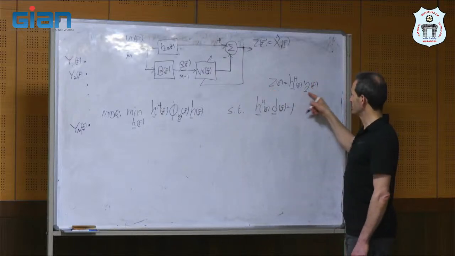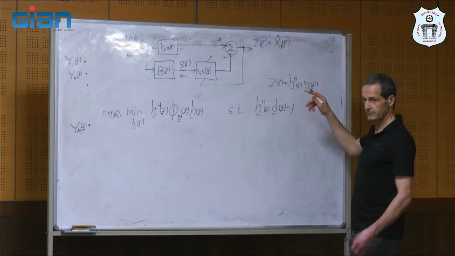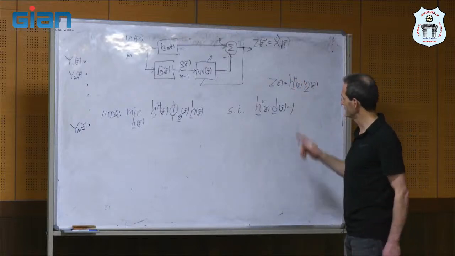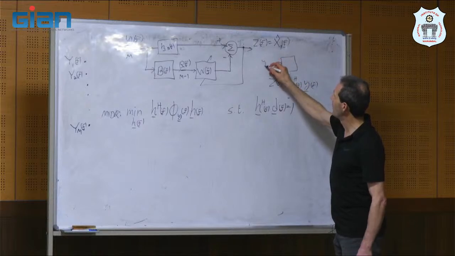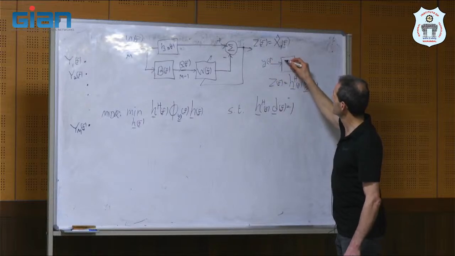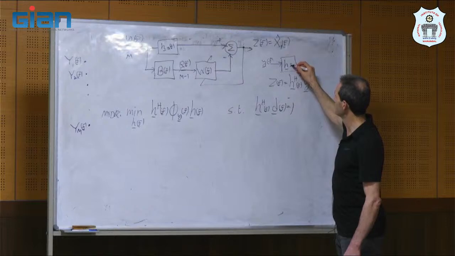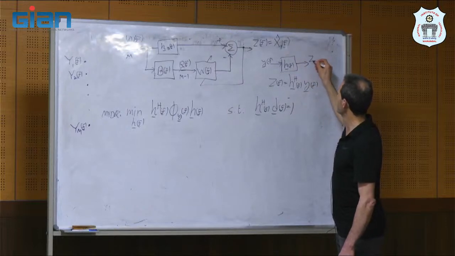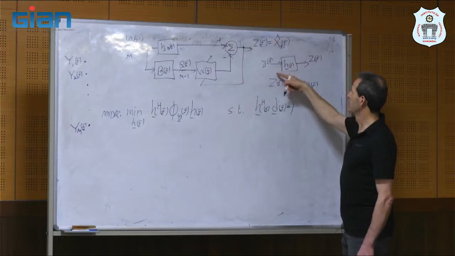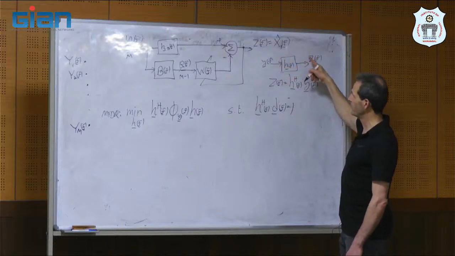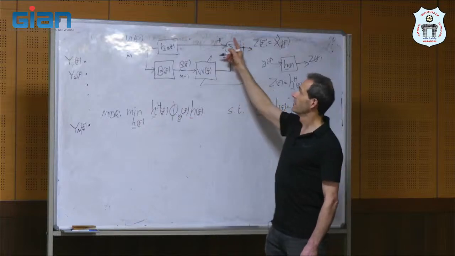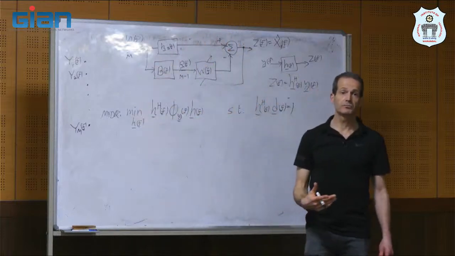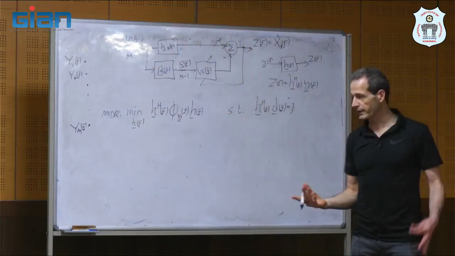So instead of using this structure, what we did before, here we have Y, we multiply with H, we get Z. So instead of writing H this way, we write H this way. So this is a kind of block diagram of the implementation of H.